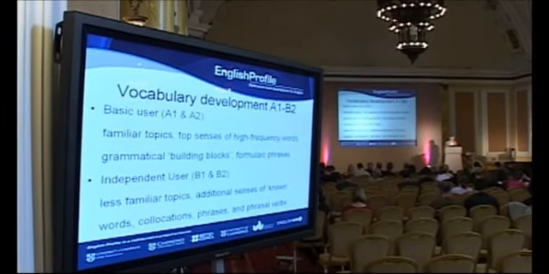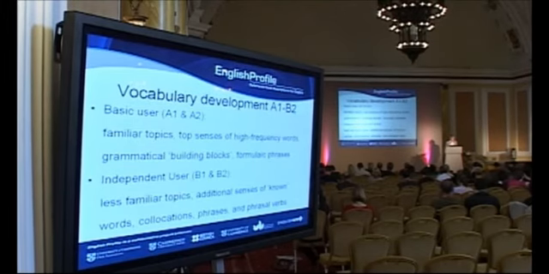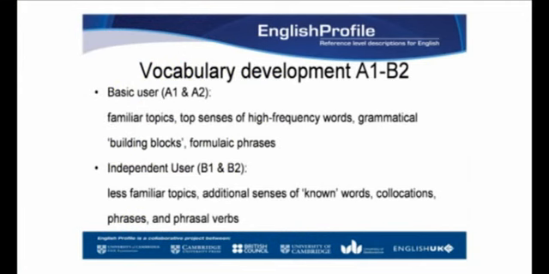So these very high-frequency words that you met in A1 and A2, you need to understand how they work a bit better and get some additional meanings for those words. And then I also think that in B1, and certainly by the time you reach B2 level, you are focusing on collocations, on phrases, and trying to grapple with phrasal verbs. And phrasal verbs, for many learners, are problematic.